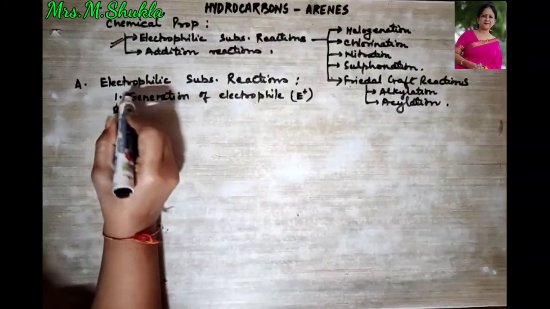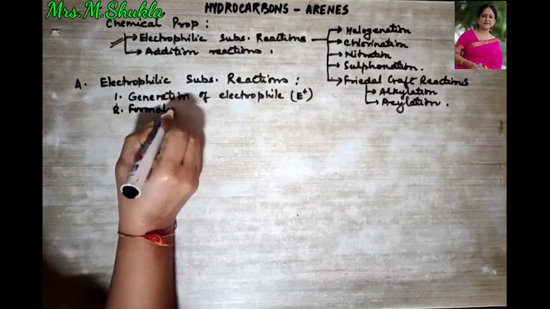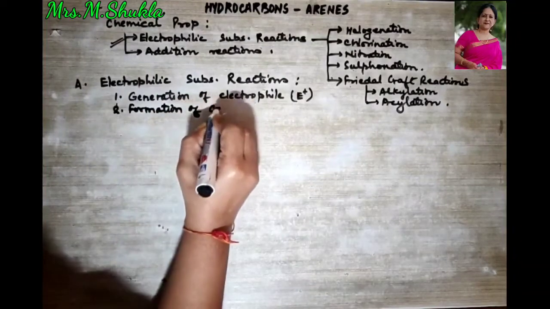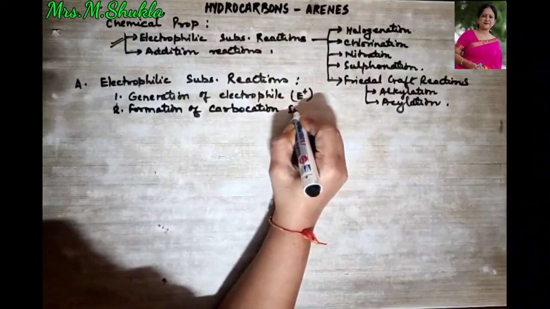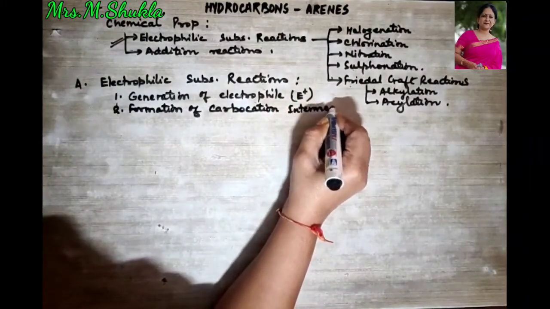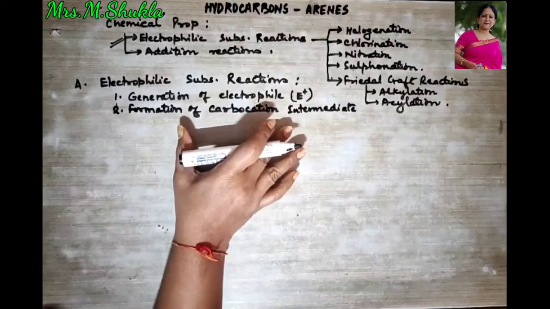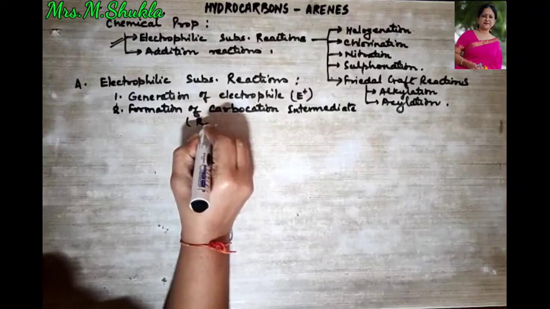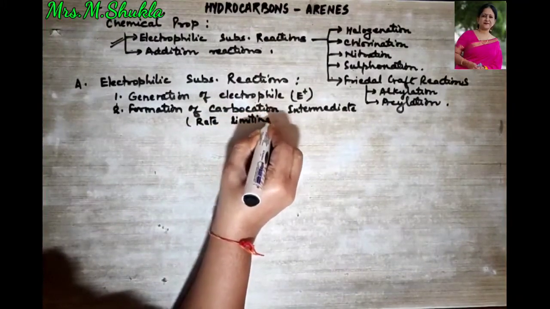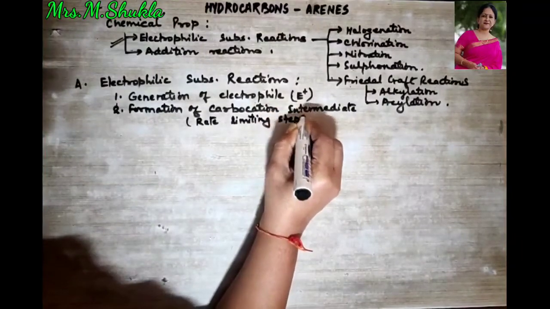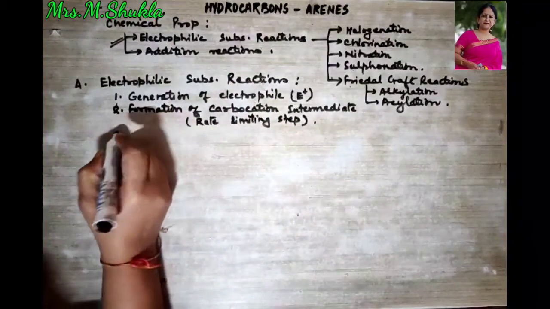The second step in electrophilic substitution reaction is the formation of carbocation intermediate, right? And this formation of carbocation intermediate is also your rate limiting step. That means this is the step which decides your electrophilic substitution reaction, okay.